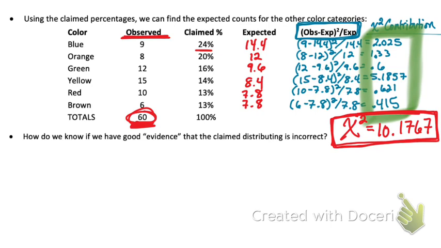Okay? Now, what is this chi-squared? Chi-squared is 10.1767. Y'all ready for this? Listen very carefully to the words that are about to come out of my mouth. This is the number of standard units that our sample was from what it was supposed to be.